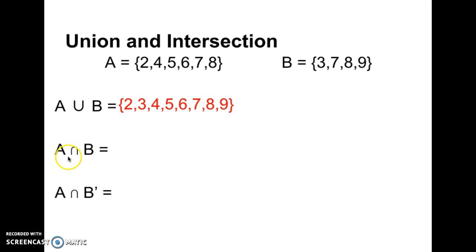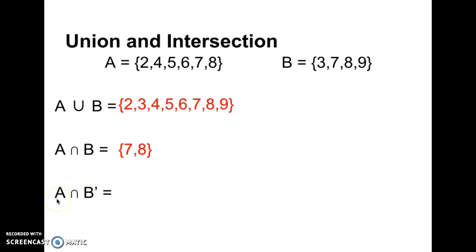All right, so this next question, what is A intersect B? Those are all of the elements that A and B have in common. So that's the 7 and 8 that are in both sets of brackets. And this final question says, what is A intersect with not B?